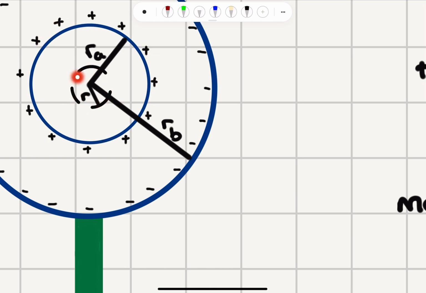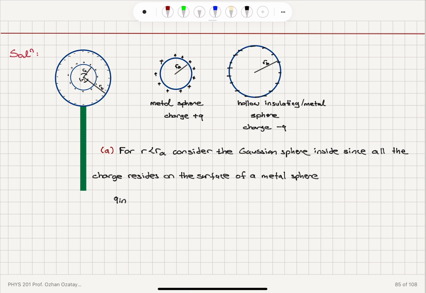All of the charge is on the surface, there's no charge inside. So the Q inside is going to be equal to 0.